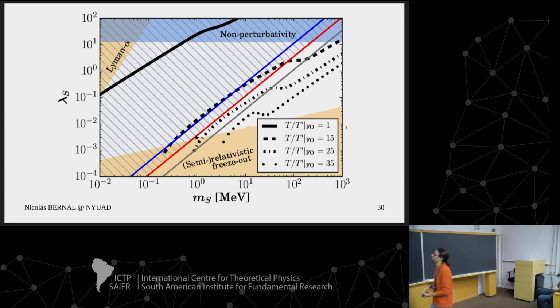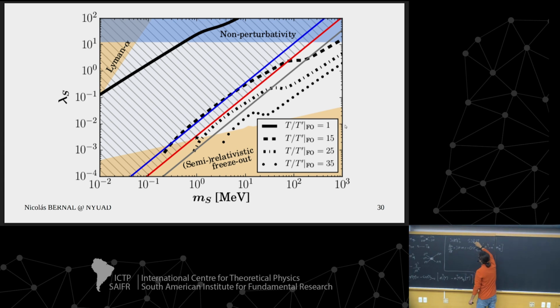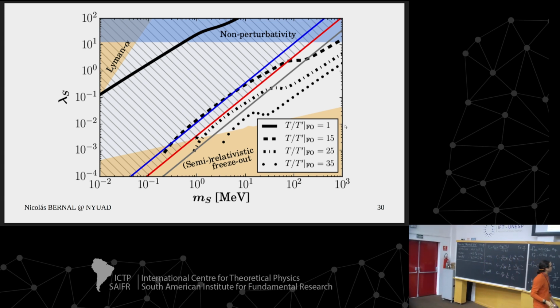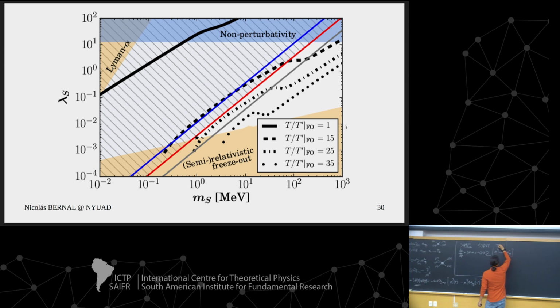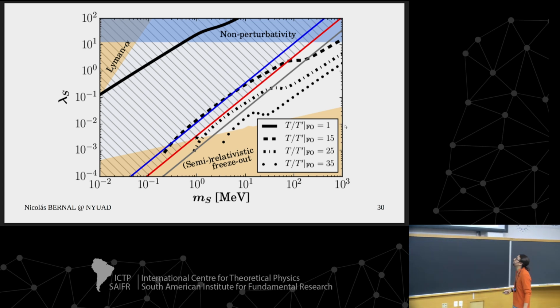In the case of SIMPs, they have the same temperature. In SIMPs, you have exactly the same hierarchy as for WIMPs. So at the moment of freeze-out, the T of the gammas is equal to T of dark matter, and that's always the case in the SIMP paradigm.